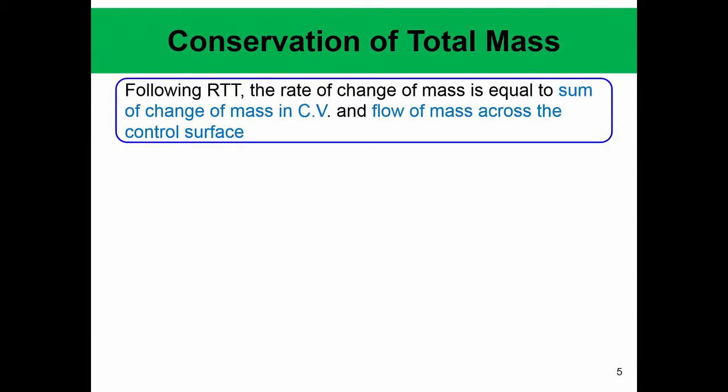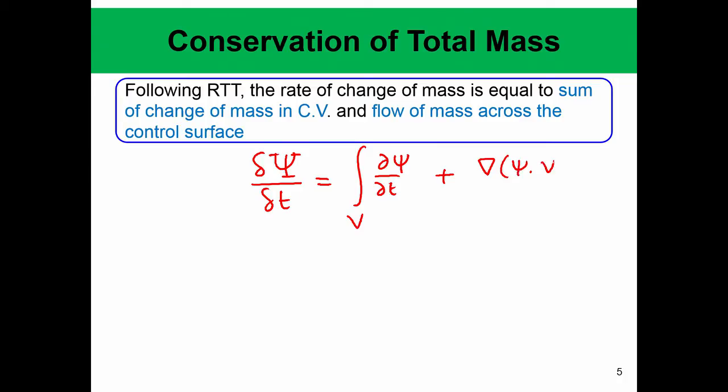Now, if you remember, we derived this formula, that is d capital Xi, the rate of change of this property capital Xi in the system, which is just inside the control volume, is given by the integral over volume of partial xi partial t plus divergence of xi v vector, dV.